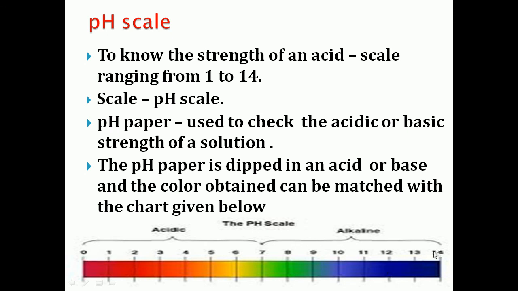We dip the pH paper in the acid or base, it will show a color, and we match that color with the chart given. The matching color shows the pH value, the strength of that particular acid or base.